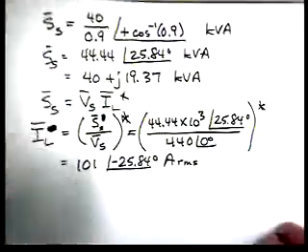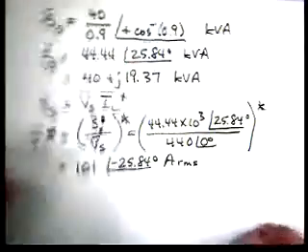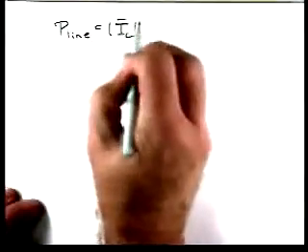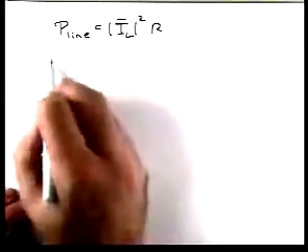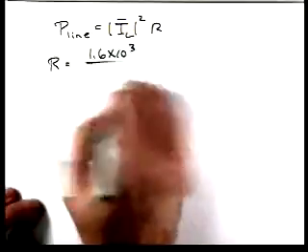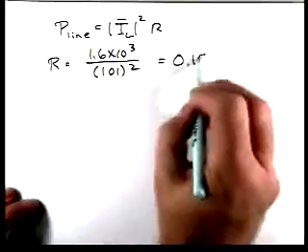And we can calculate R and X if we would like. While we are calculating, for instance, we know that P of that line would be the magnitude of IL squared times R. So R would be the 1.6 kilowatts divided by 101 squared, which would be 0.157 ohms.